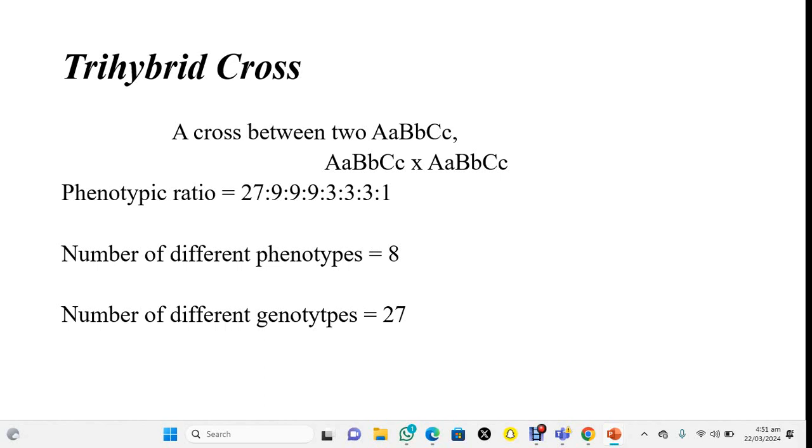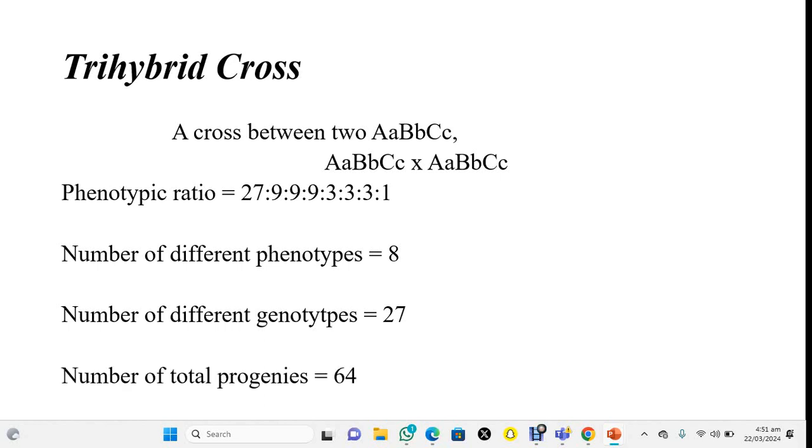Some are going to have the same phenotype, but in actual fact, we are going to have differences in those genotypes. If you refer to the previous video where we looked at the monohybrid cross, you see that these things appear there.